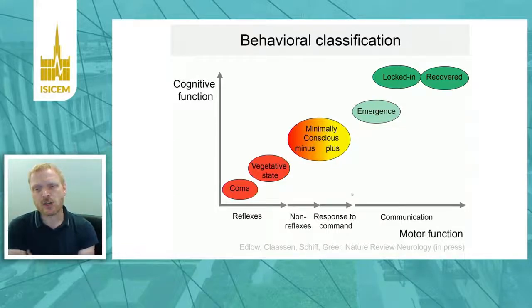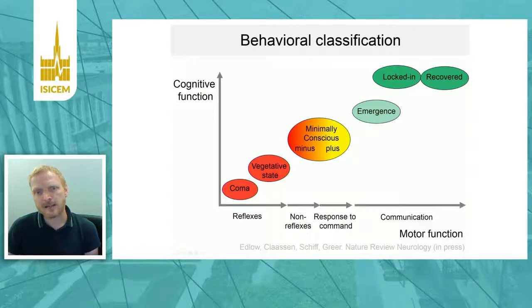So if we conceptualize disorders of consciousness onto axes, the motor function, where patients express that they're conscious, and the cognitive function, which is required to be conscious, you can see that comatose patients have very low motor function and very poor cognitive function. Fully recovered or locked-in patients have reasonably high motor function and very good cognitive function.